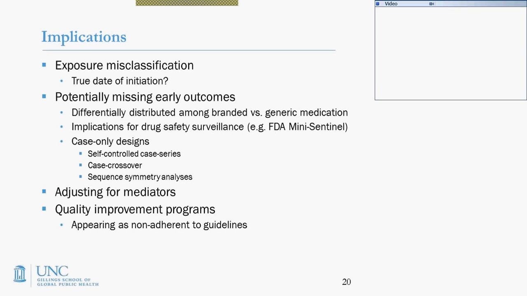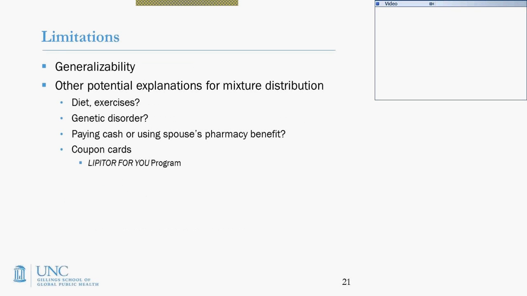And just as we talked about earlier regarding adherence, using claims data, some of these patients may appear untreated, but actually they are adhering to the treatment regimen and the guidelines.